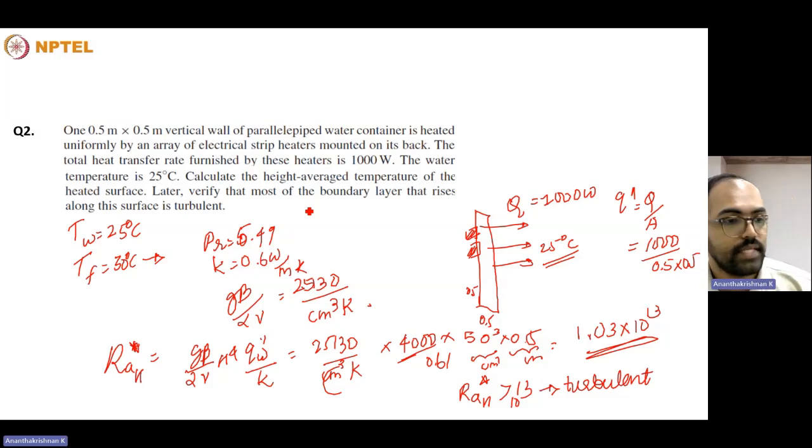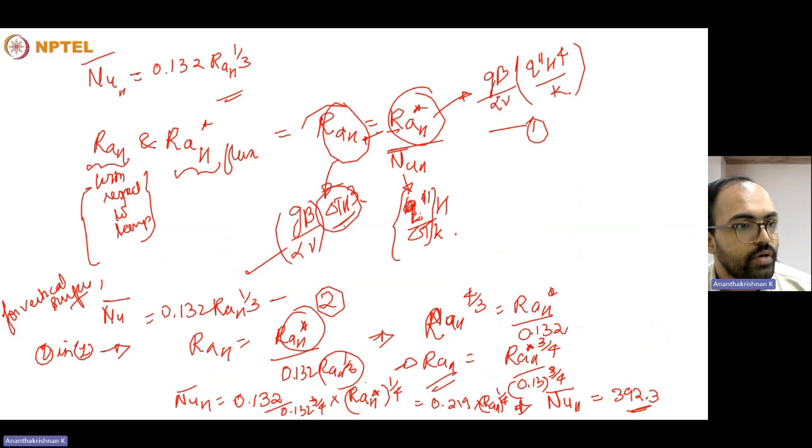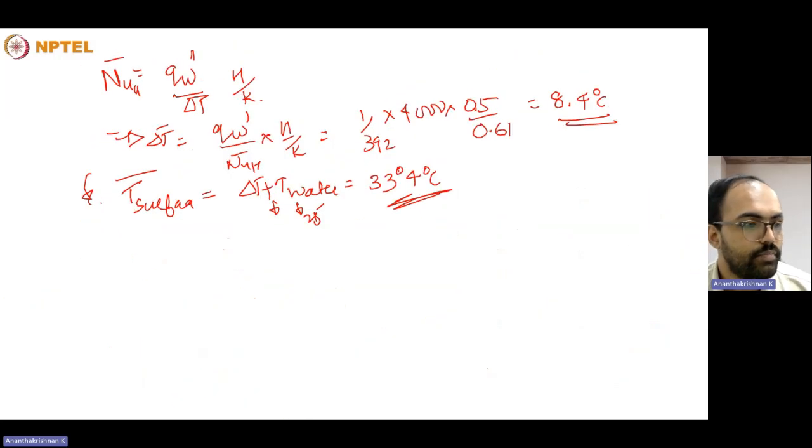If it is greater than 10 power 9, we can say that this is a turbulent flow.